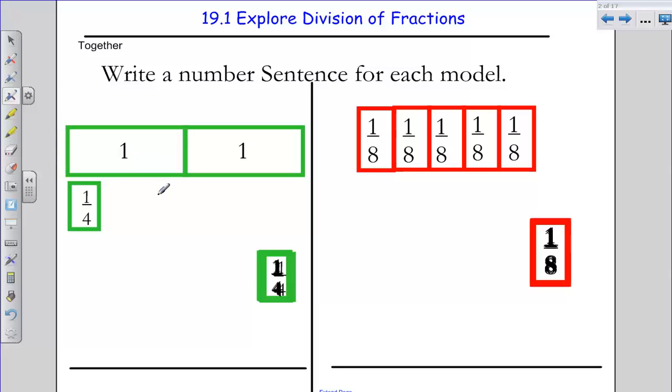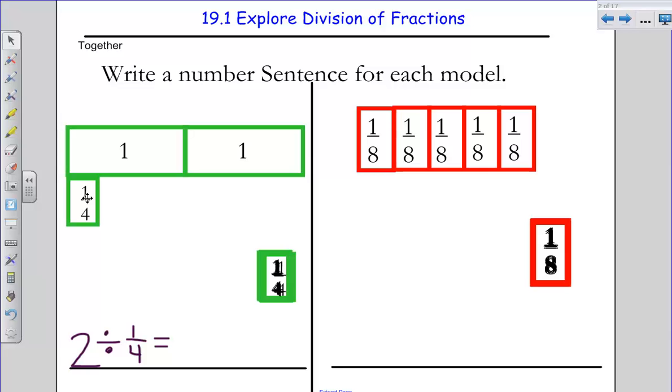Again, I'm starting out with 2 wholes, so 2 is my dividend. So I'm going to say 2 divided by, what am I dividing by? I'm dividing by 1/4. So 2 divided by 1/4 is going to equal what? Well, let's find out. I'm starting with 2 apples, and I want to know how many quarter slices I can make out of my apples.